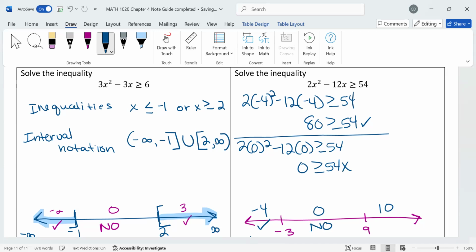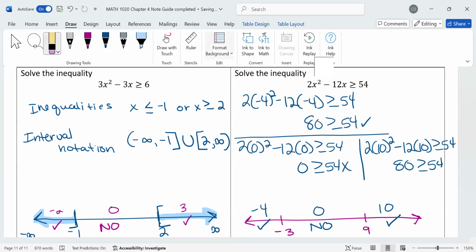So we can't use any numbers between -3 and 9. And then let's try 10. All right, so that piece is good as well.